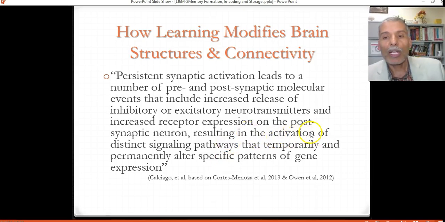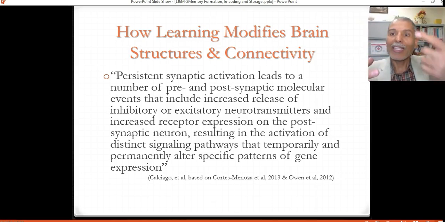That is going to result in the activation of distinct signaling pathways that temporarily and permanently alter the specific patterns of gene expression. So now that the machinery is working fast and efficiently, that is going to go back to the factory to say, okay, we're working quickly, you need to give me more raw materials, you need to give me whatever it takes to sustain this performance.